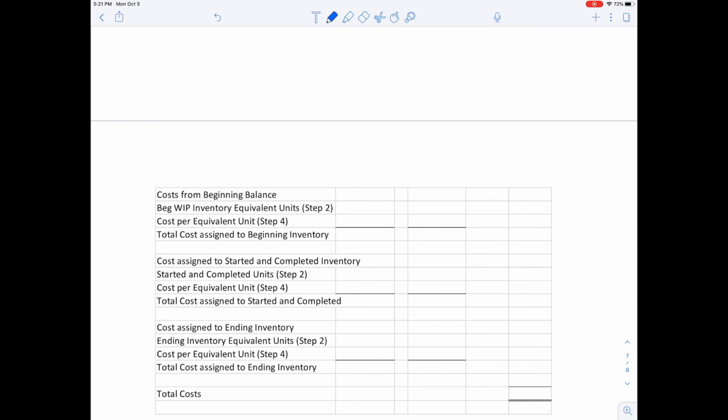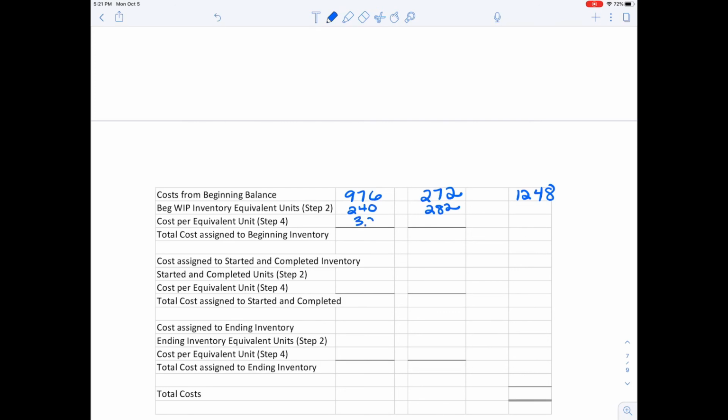So we have those costs assigned to the beginning inventory. They were $976 and $272. Then that total is $1248. Then we're going to look at the beginning inventory work in process equivalent units. That's taken back from step 2.